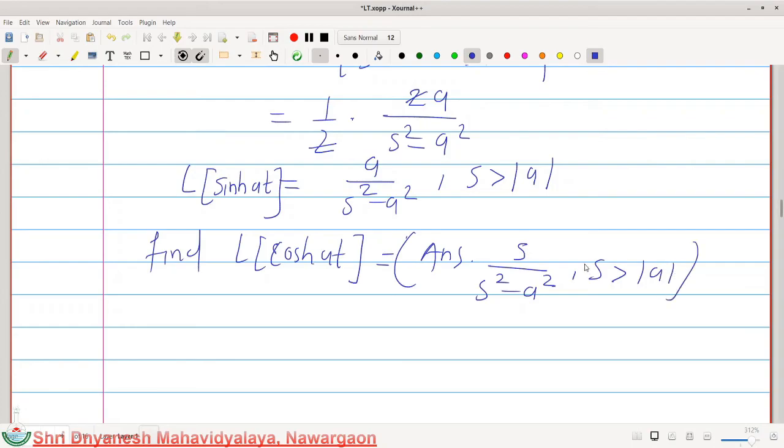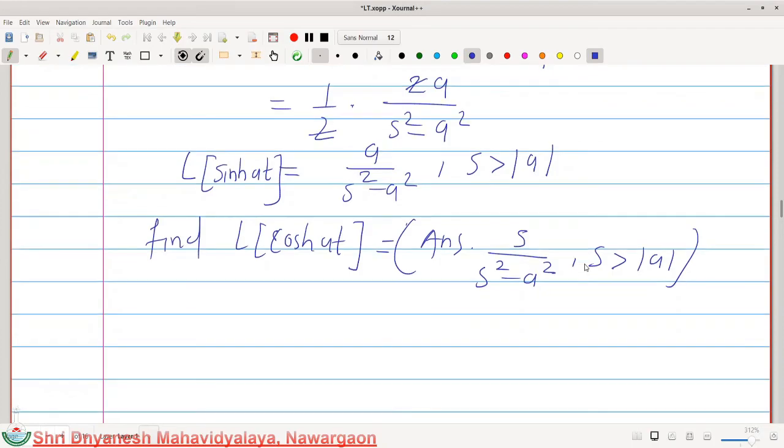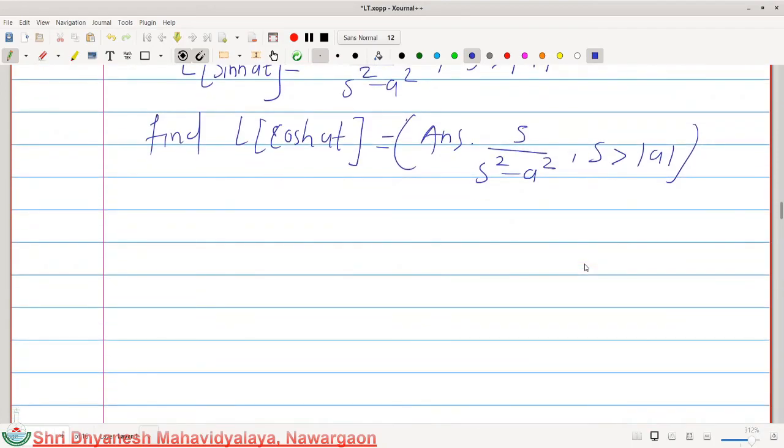You do find. If these examples are clear to you, we can take one example which will cover all of these functions and the linearity property also.